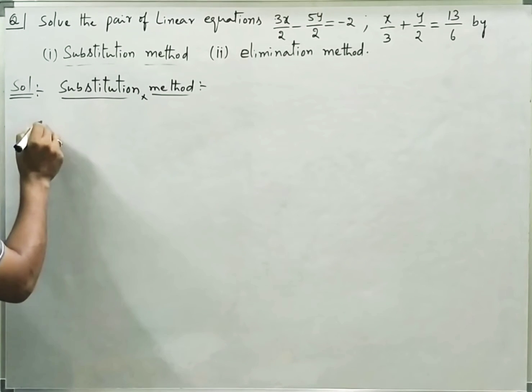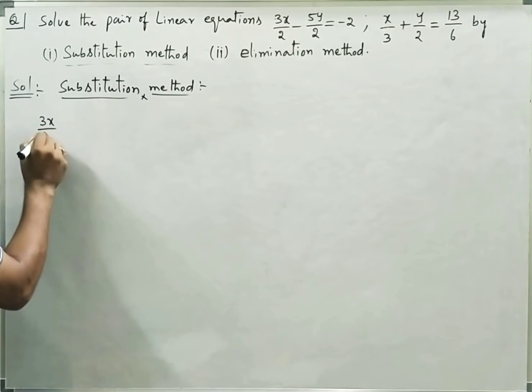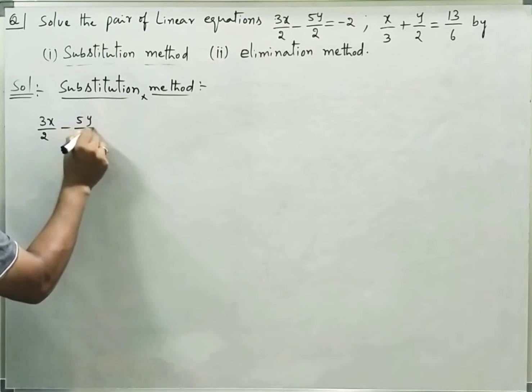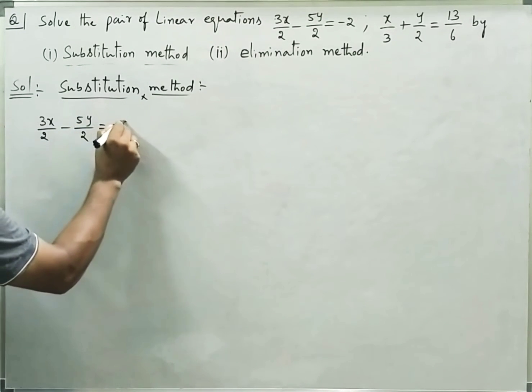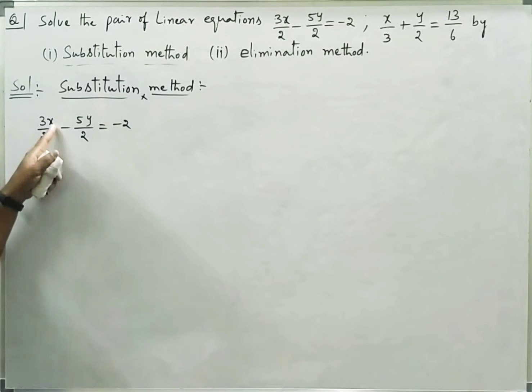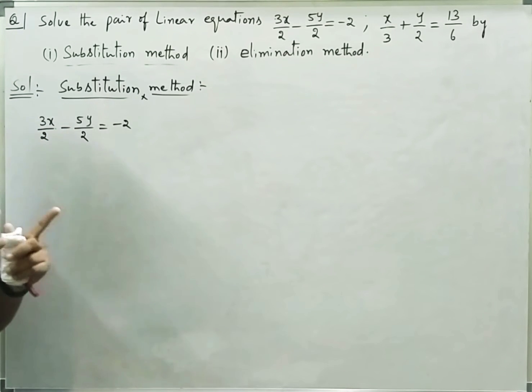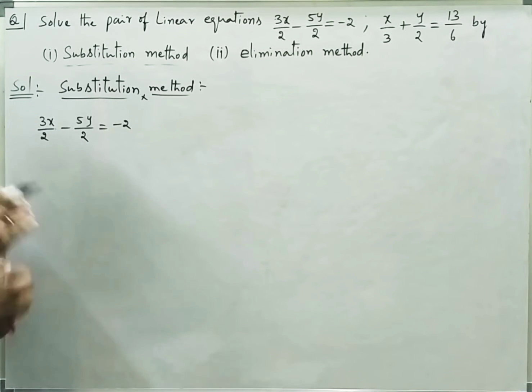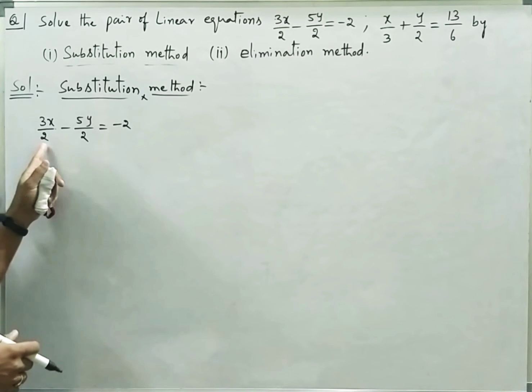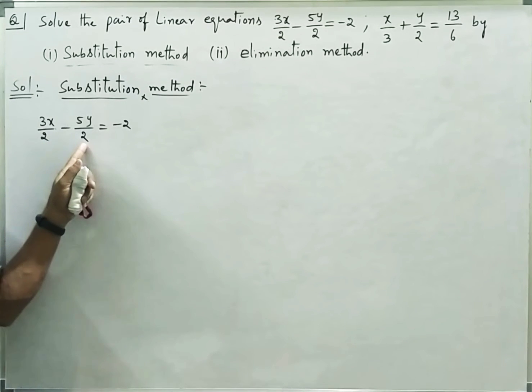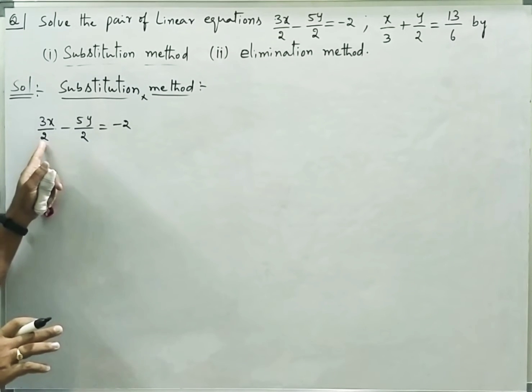Equation 1: 3x/2 - 5y/2 = -2. What is the x coefficient here? 3/2. The y coefficient is -5/2. Whenever you have such fractional coefficients, it is better to convert them into integral coefficients by multiplying by the LCM of the denominators. What is the LCM here?